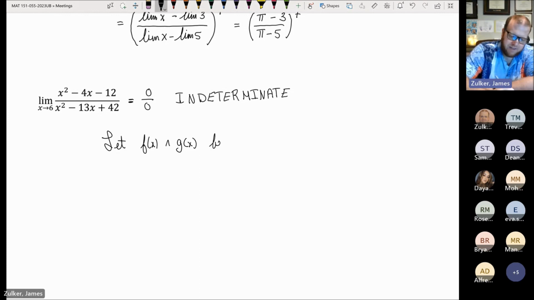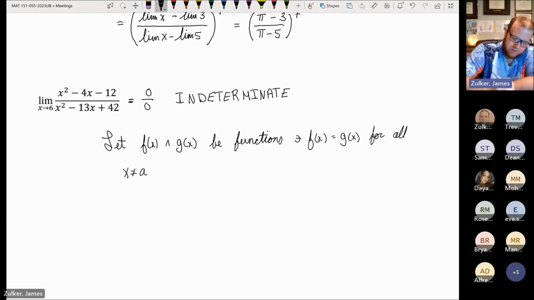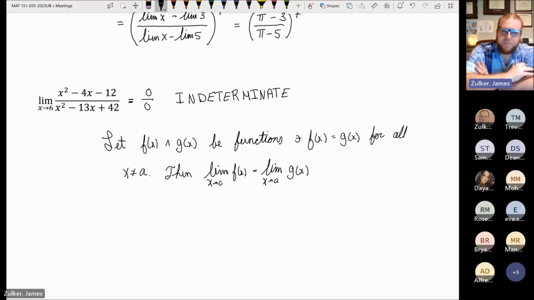So let f of x and g of x be functions such that f of x is equal to g of x for all x not equal to a. Then the limits as x approaches a are the same.